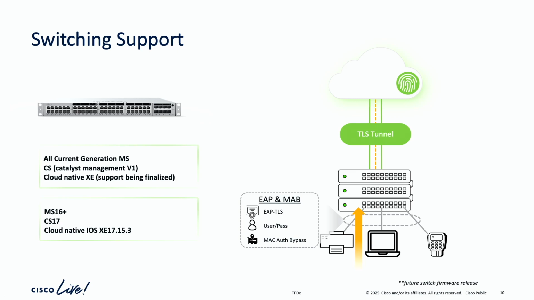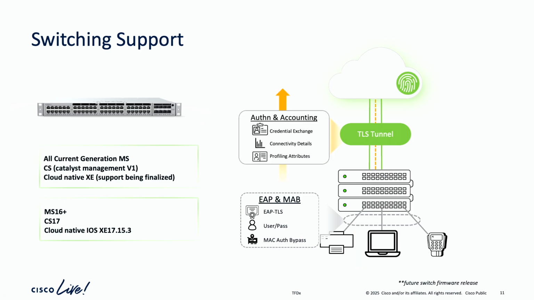From a switching perspective, we support EAP-TLS, EAP-TLS PAP for username and password authentication, and MAC auth bypass. So if you have devices that don't have a supplicant, you can still do at least some sort of checking before they connect to the network.